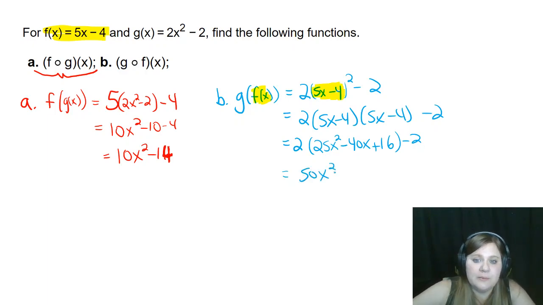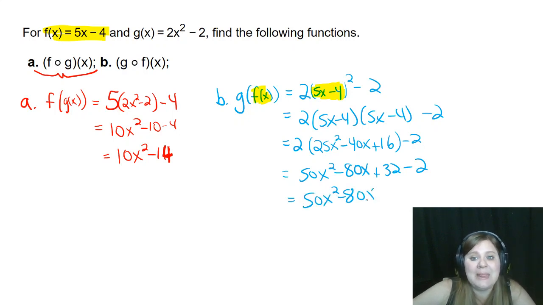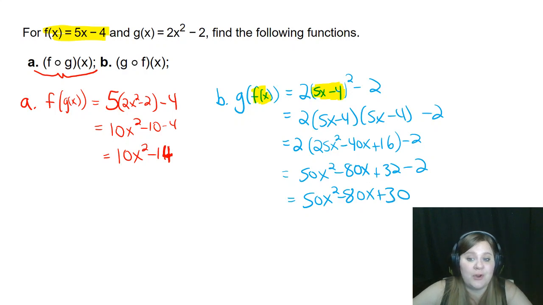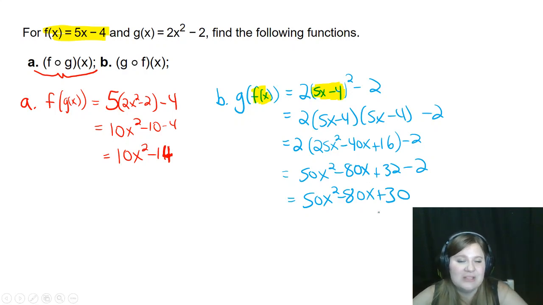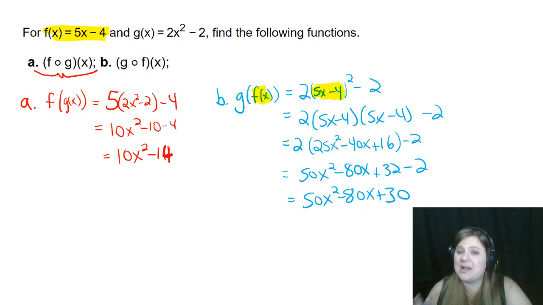When you distribute, you should get 50x squared minus 80x plus 32 minus 2, which means our final answer is 50x squared minus 80x plus 30. So again, remember that f of g of x is not necessarily the same thing as g of f of x. It does happen occasionally where they match, but it won't happen very often.